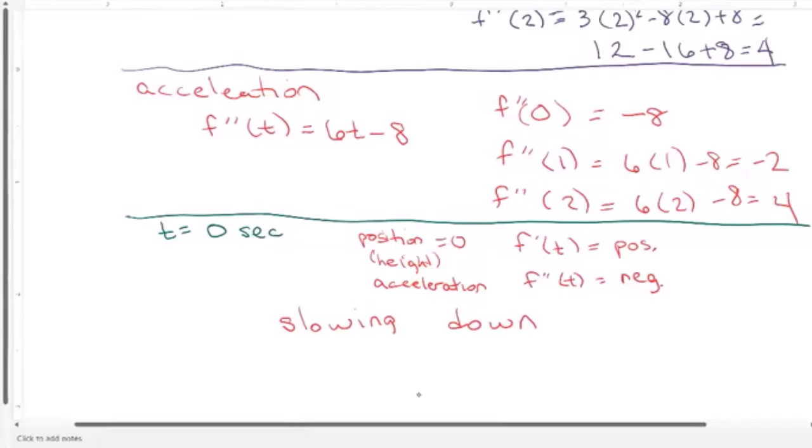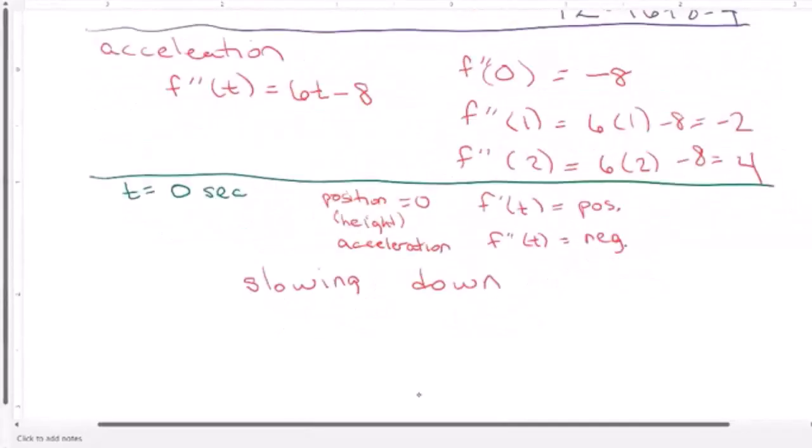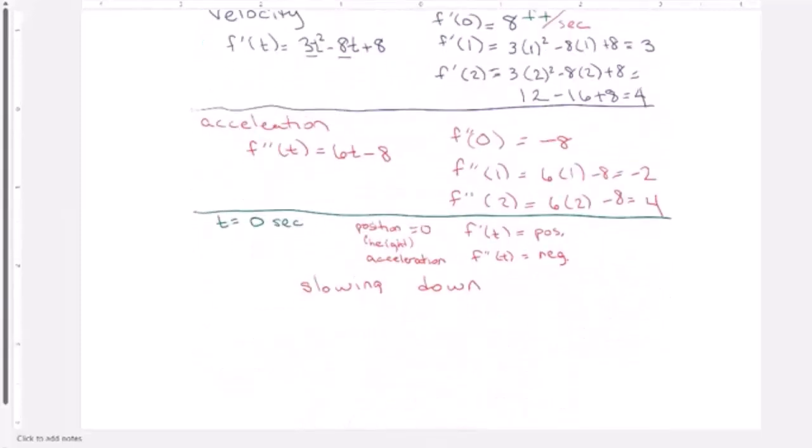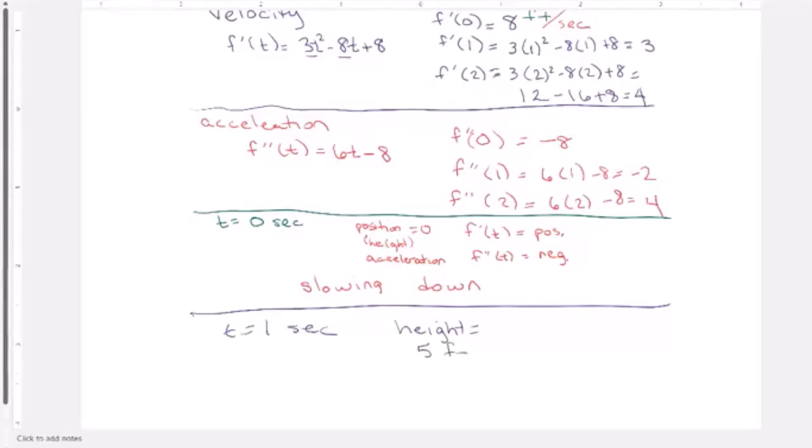Okay. Now, at f of 1, or t equals 1 second, my height is equal to 5 feet. F prime, my velocity at 1 second, is equal to 3. 3 feet per second.